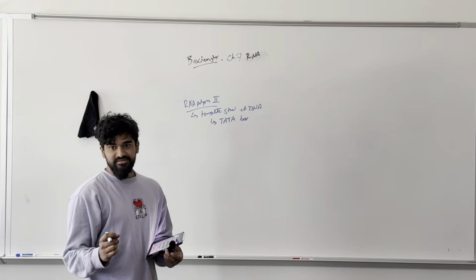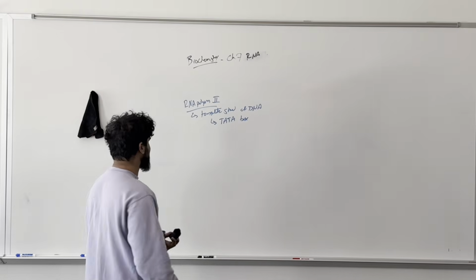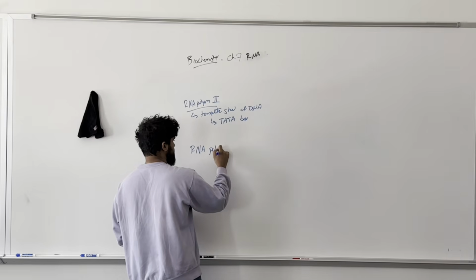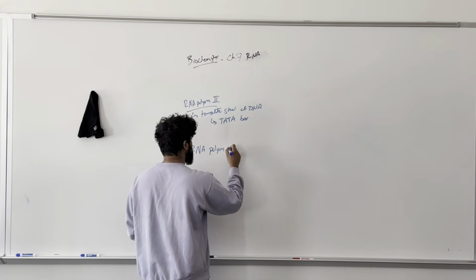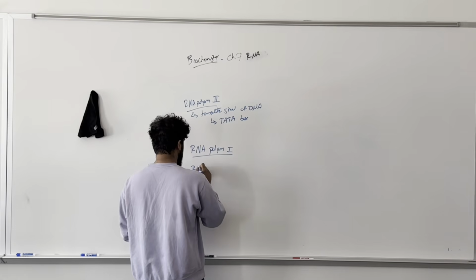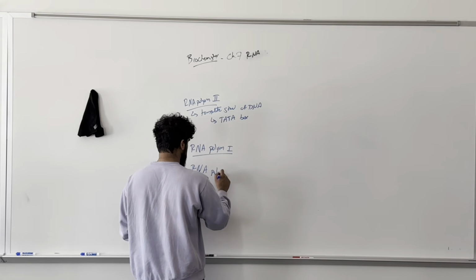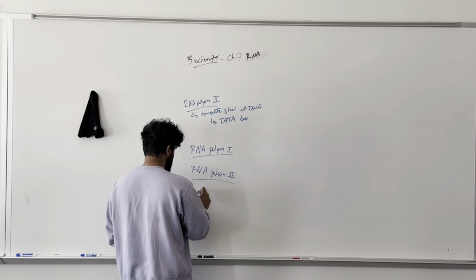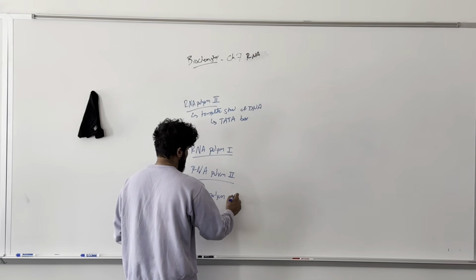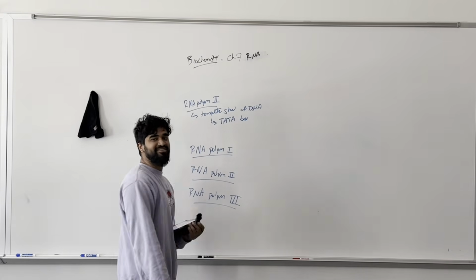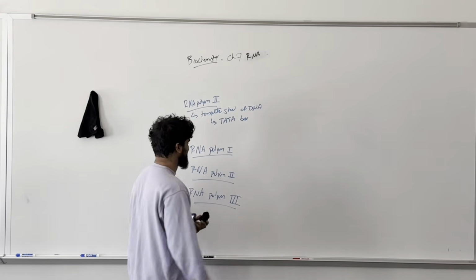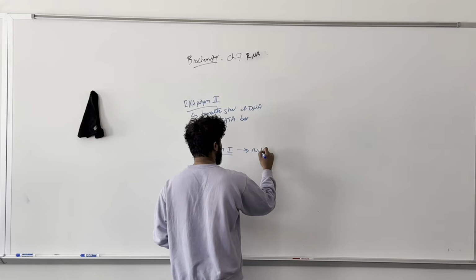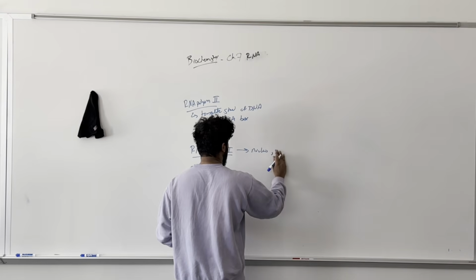The numbers are listed in Kaplan, so let's go over them. You have RNA polymerase 1. You have RNA polymerase 2. And after RNA polymerase 2 comes RNA polymerase 3. RNA polymerase 1 is localized to the nucleus and makes ribosomal RNA, rRNA.